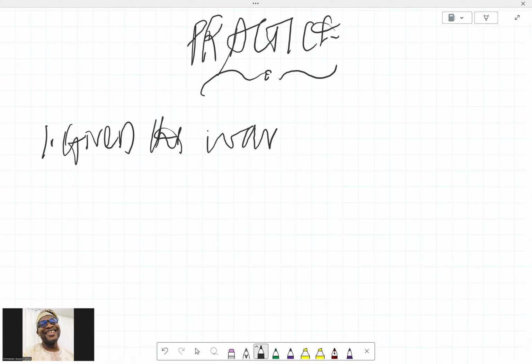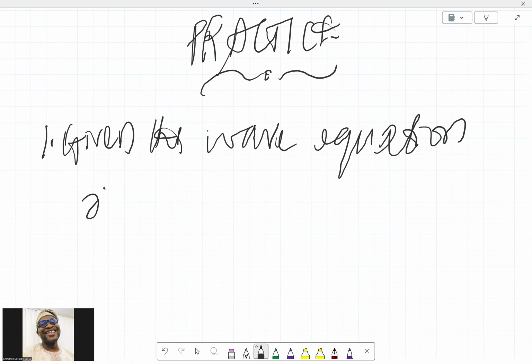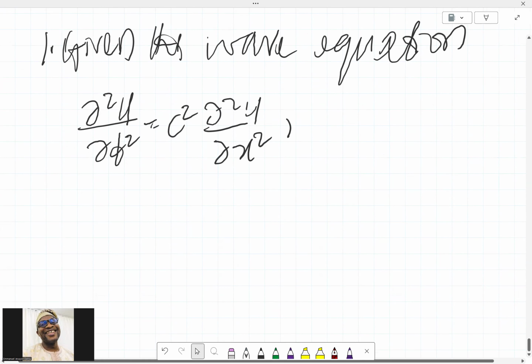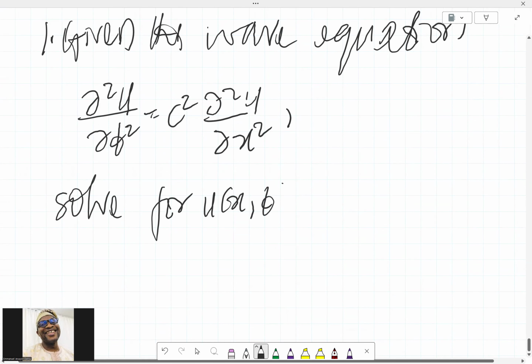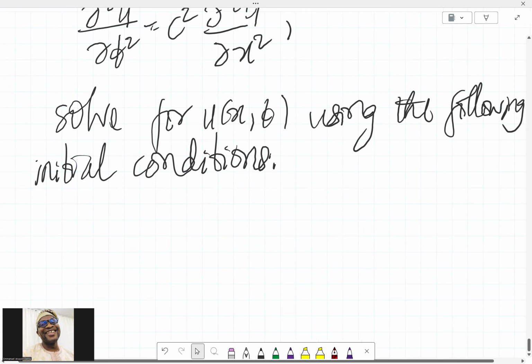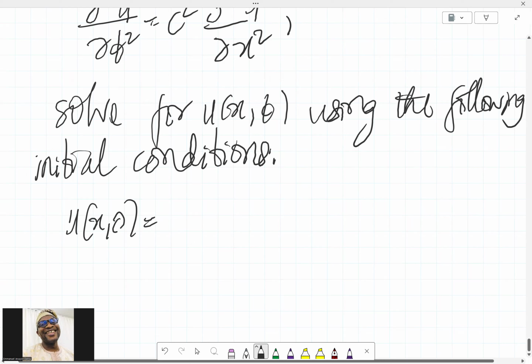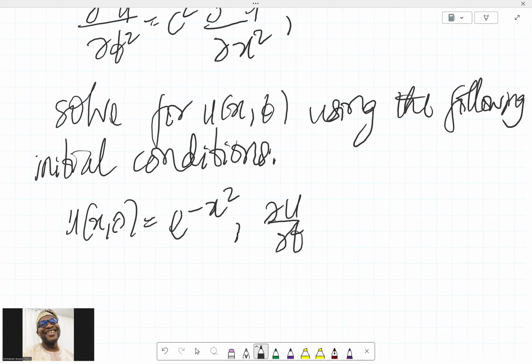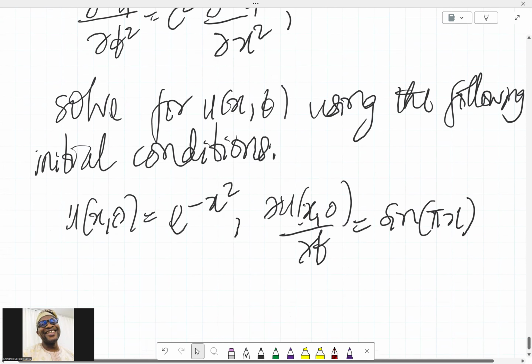Given the wave equation, partial squared u partial t squared equals c squared partial squared u partial x squared, solve for u of x comma t, the displacement, using the following initial conditions. u of x comma 0 equals e raised to power minus x squared, then partial u partial t evaluated at t equals 0, you can even say that is sine pi x. So do that, you're going to get some interesting results.